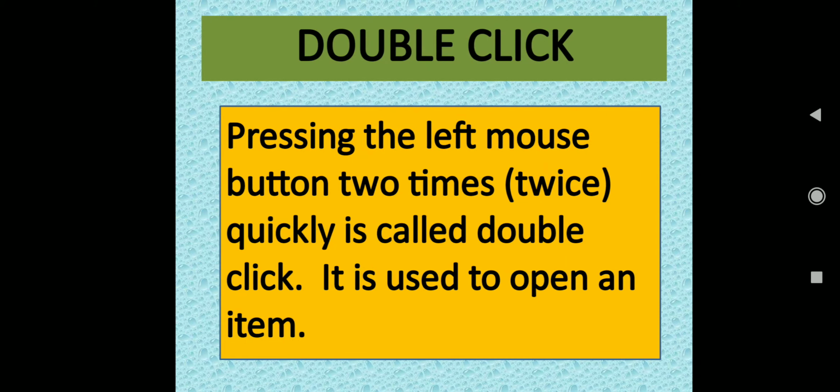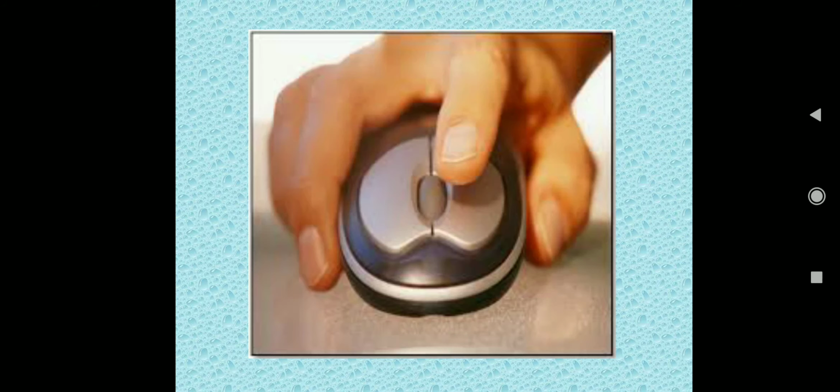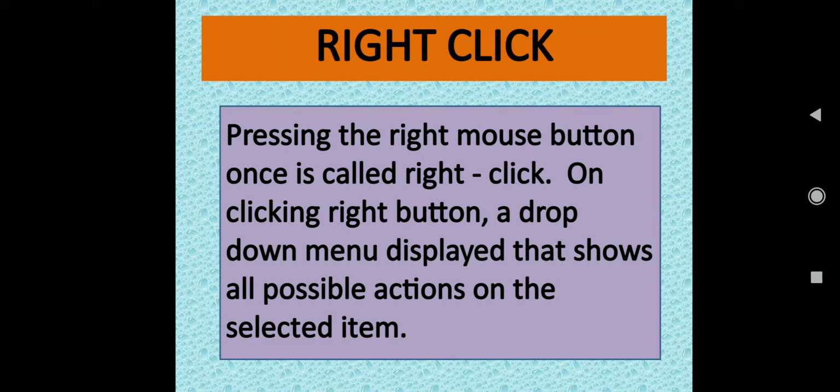Next is double click. Pressing the left mouse button twice or 2 times quickly is called double click. It is used to open an item. Look children, this is the image which shows how to click the mouse of a computer twice quickly. Next one is right click.